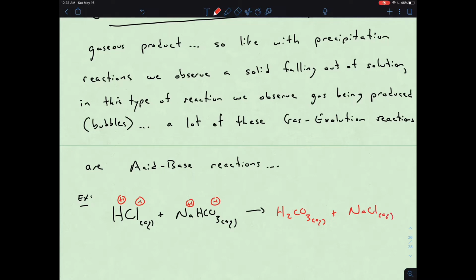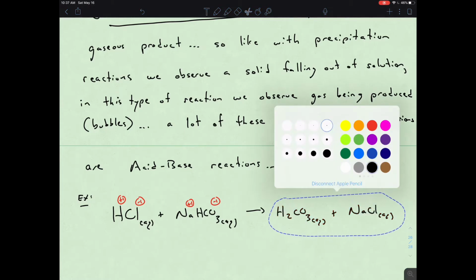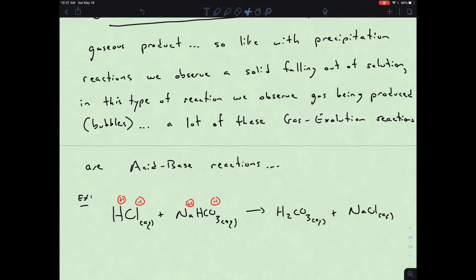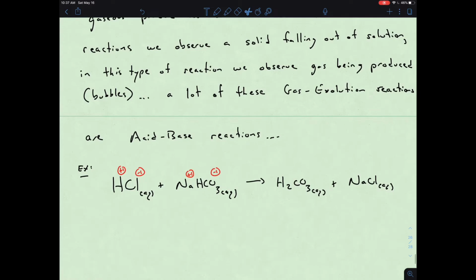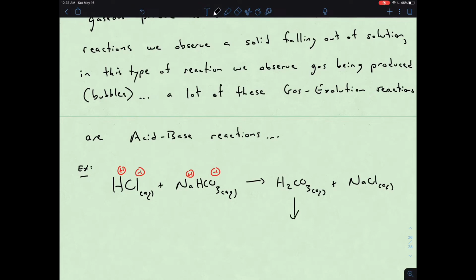That's aqueous. So that's the first reaction, but then what happens is the carbonic acid goes on to produce CO2 gas and H2O liquid.